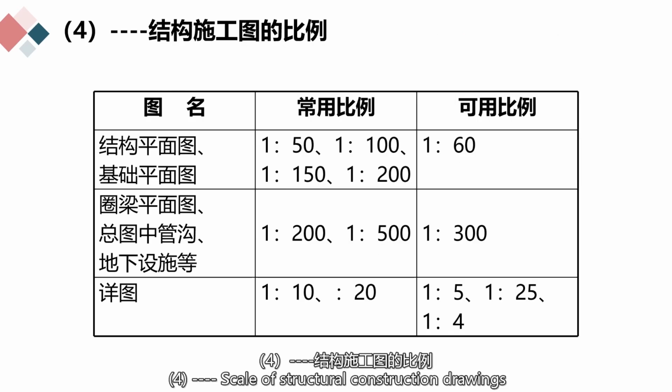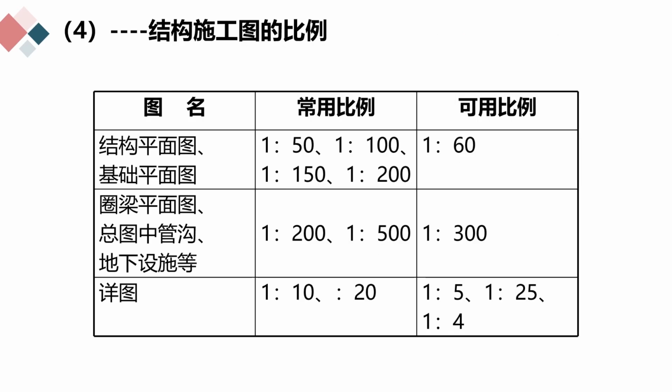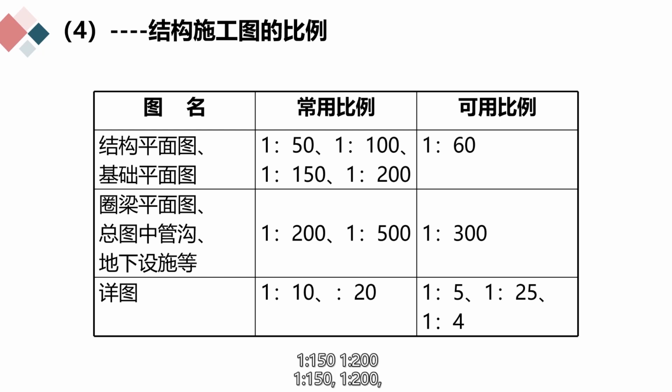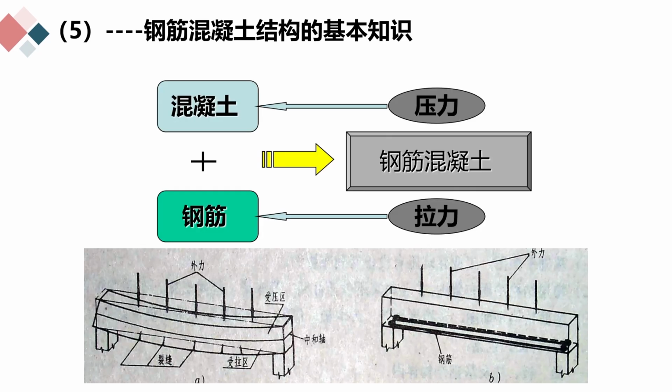4. Scale of structural construction drawings. For structural plan drawings and foundation plan drawings, the commonly used scales are 1 to 50, 1 to 100, 1 to 150, 1 to 200, and the available scale is 1 to 60. 5.